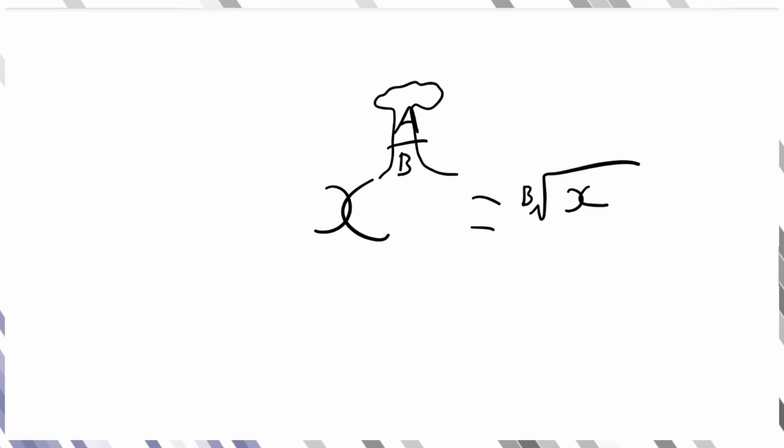So b is on the bottom of the fraction, and the bottom of a tree is the roots. The top of the tree is the leaves, which power the tree via photosynthesis. So the top number of our fractional power, the numerator, is the actual power. So think of a fractional power as a tree. Bottom number's the roots, top number's the power. So we take the b root of x to the power of a.